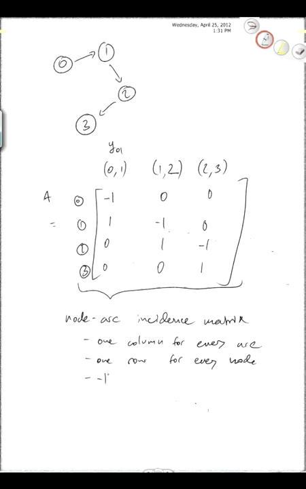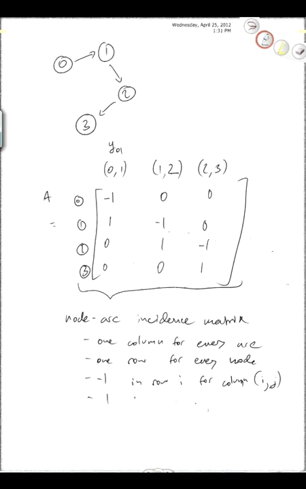We put a -1 in row i for column ij, because arc ij is leaving node i, so for node i it has a coefficient of -1.